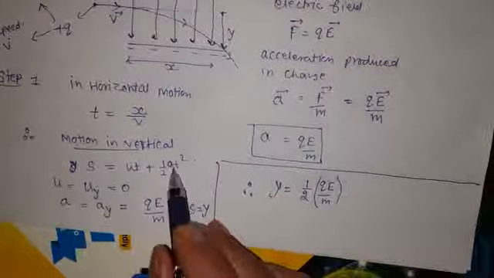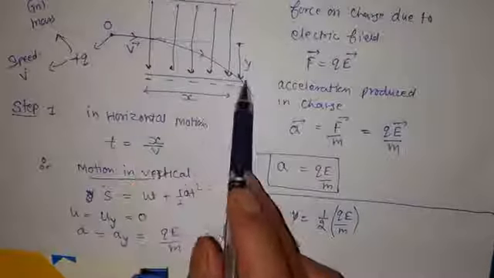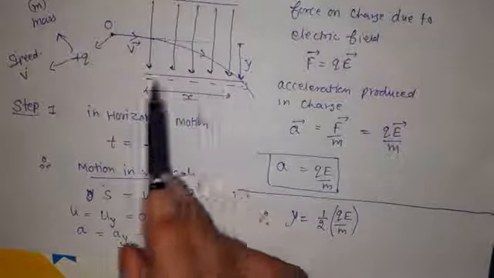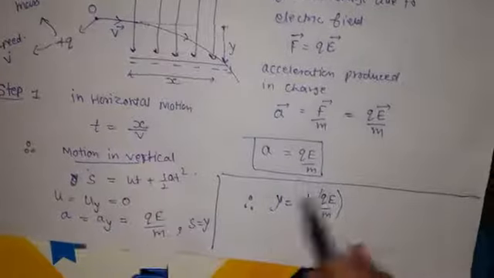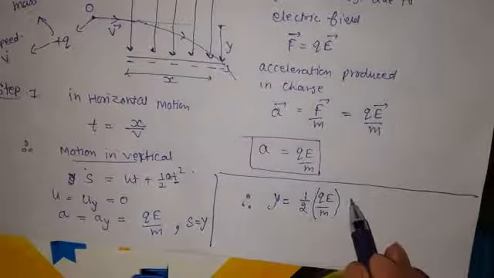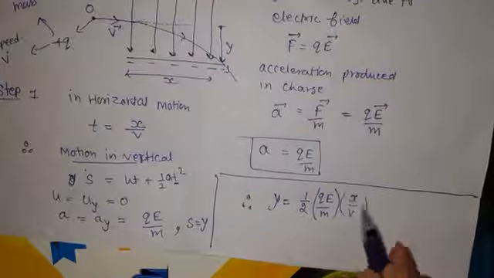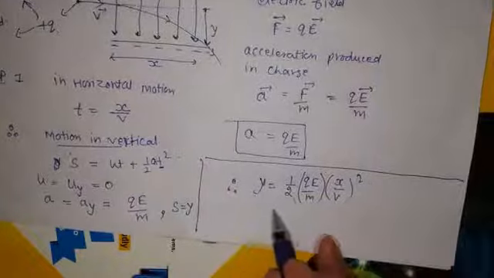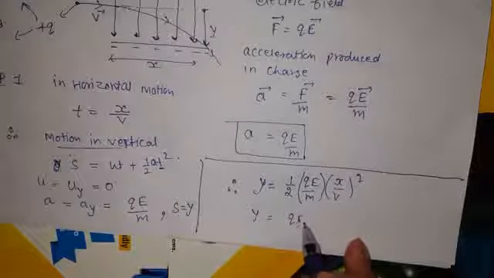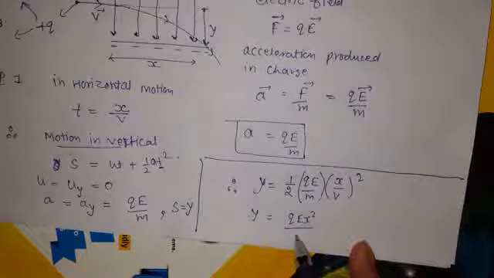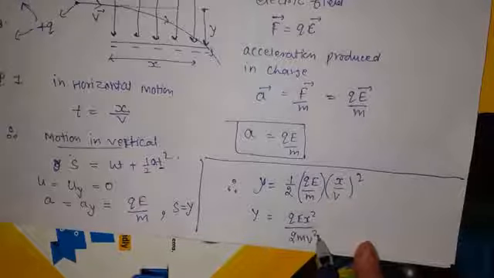And t square. How much time will it take to cover this distance within the electric field? This time is taken as x by v. Put this value in this formula and we get (x by v) whole square. Thus the vertical displacement y is equal to qE x square by 2m v square.